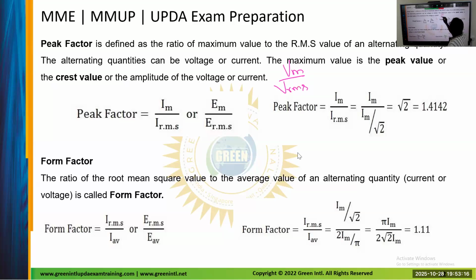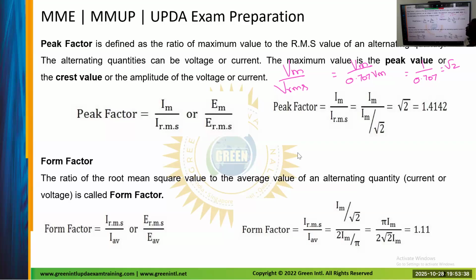So we may write Vrms in terms of Vm. What is the value? 0.707 Vm. So from this, what do we get? Vm cancels, and we get 1 by 0.707, which is equal to root 2.